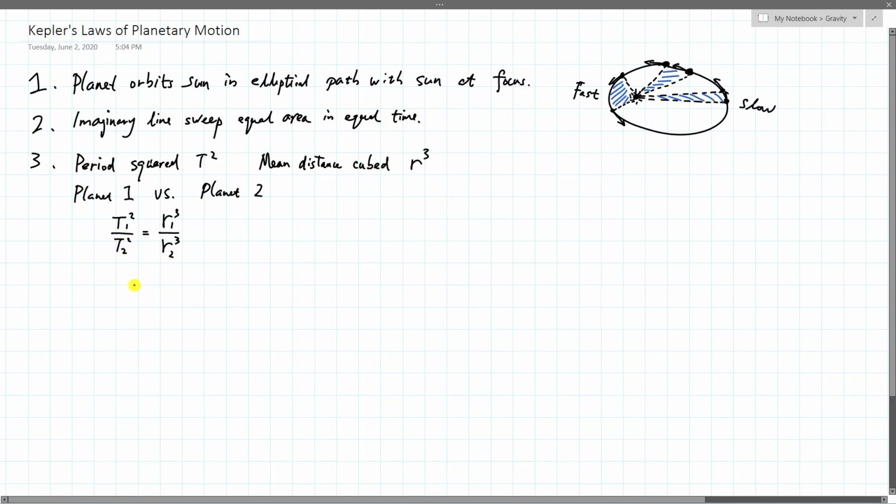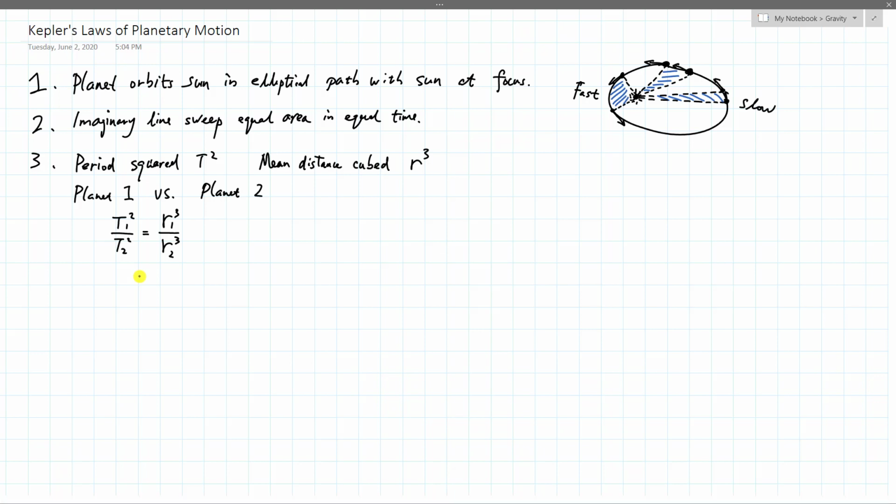Planetary motion is not like all the planets stuck on a plate, and the whole plate somehow rotates around the center, meaning that all planets have the same period orbiting the sun. But it's not.